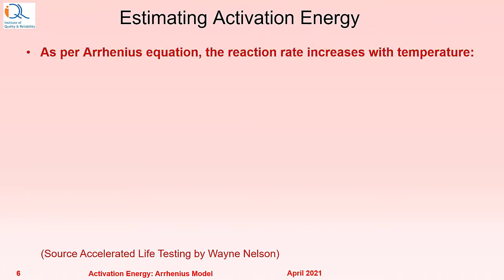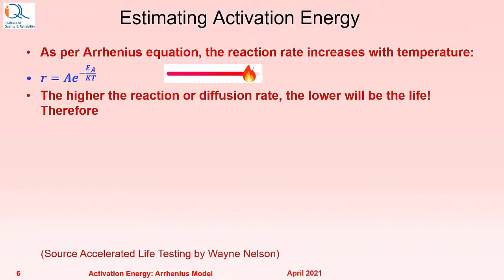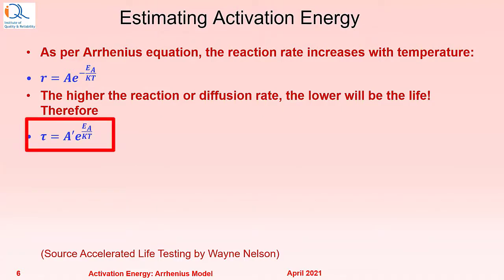As per Arrhenius equation, the reaction rate increases with temperature as per this equation shown before. The higher the reaction or diffusion rate, the lower will be the life, and therefore life tau will be equal to A dash into e raised to EA upon KT. Note that we have taken reciprocal of the above equation, and constant A is replaced by another constant A dash.